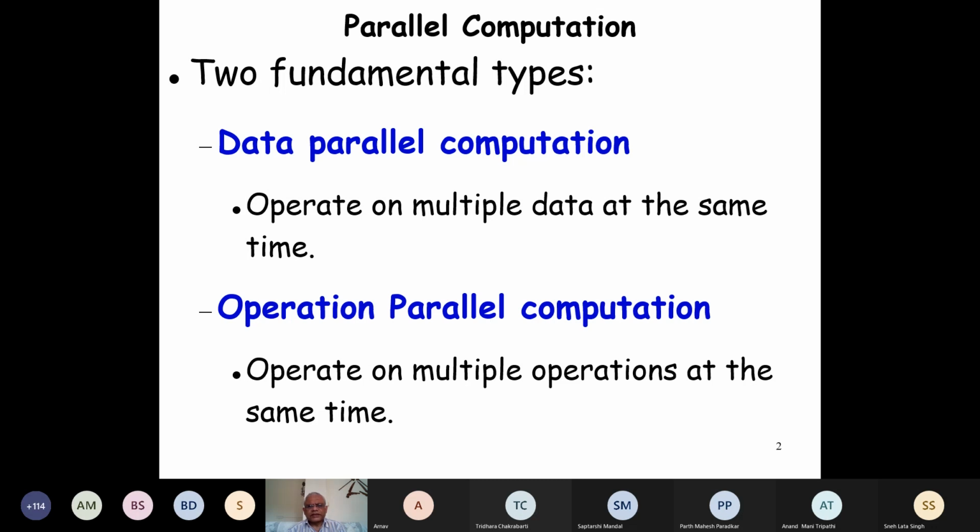So just see that we are applying the same movement operation on every pixel, and these are done by different processors. Similarly, let's say we want to increase the intensity of a picture. We want to do the same operation on every pixel. So multimedia operations are typically data parallel, where we operate on multiple data at the same time.